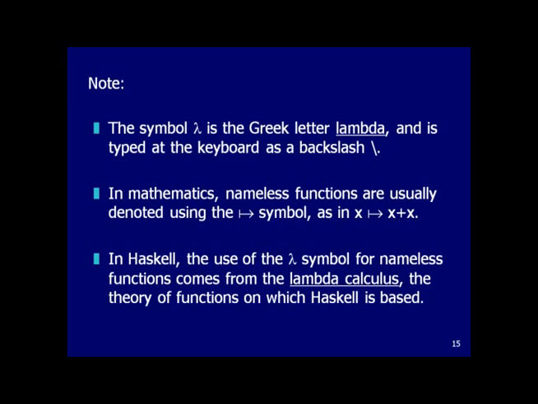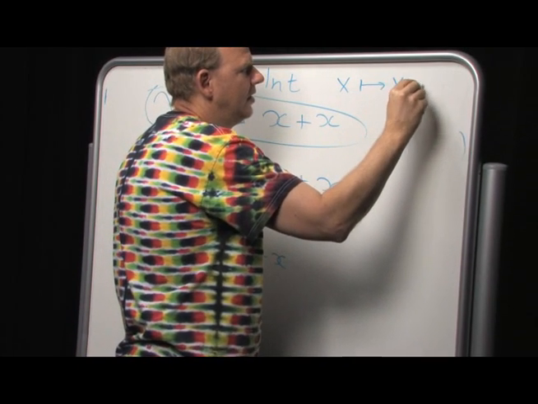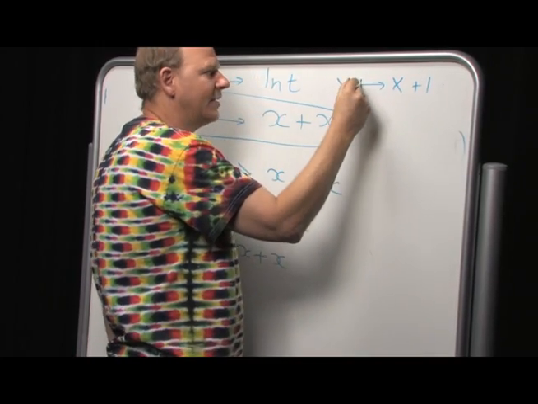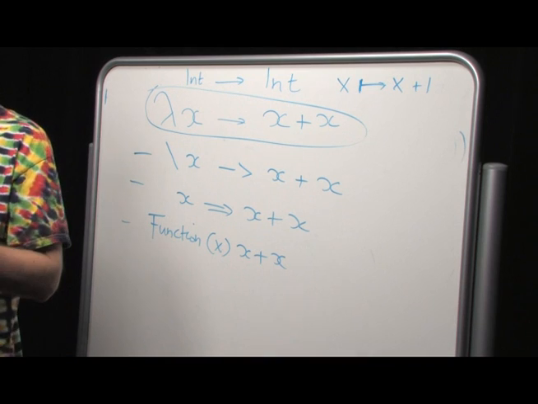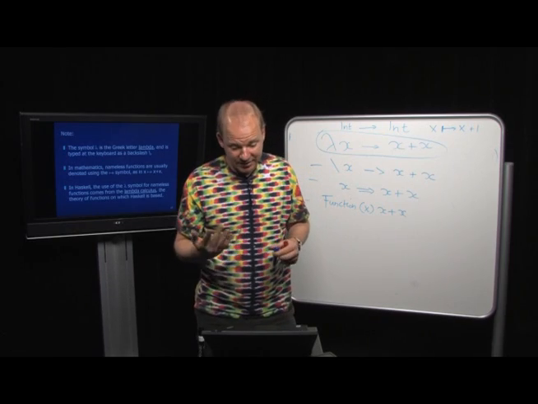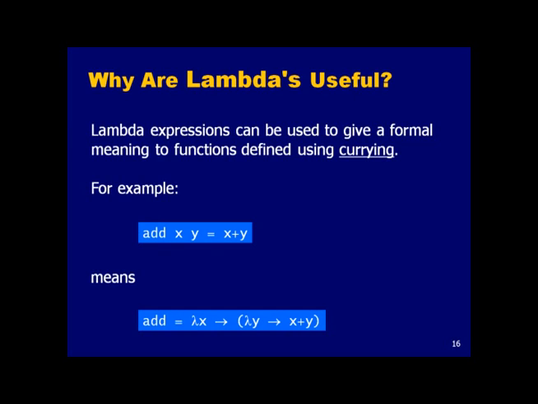Okay. And as I said before, lambda comes from the Greek letter lambda, from the lambda calculus of Church. As the slide says, sometimes, and probably Brian would write it like that, you write it with this kind of arrow, you don't write a lambda in front. There are many ways for people to write these lambda expressions. Okay. This is what we already discussed. Why do you want to use lambda expressions?